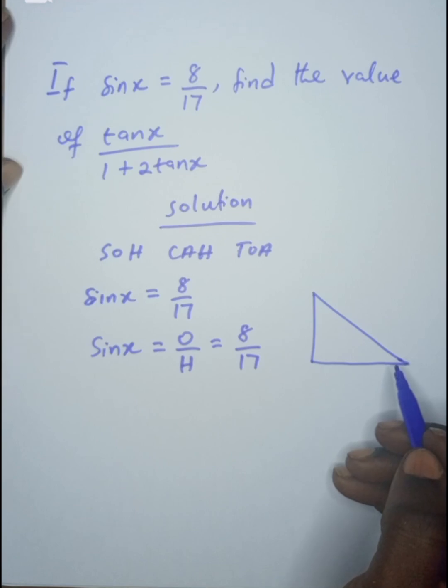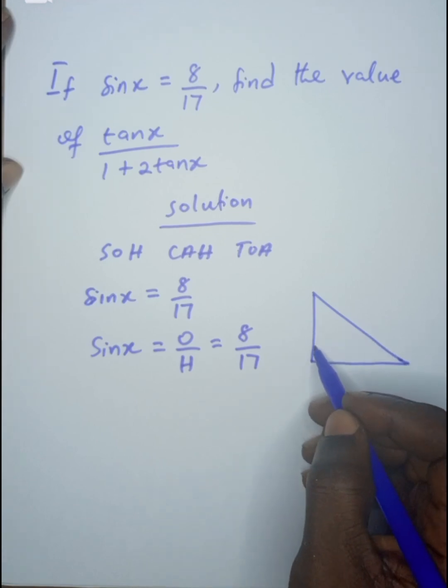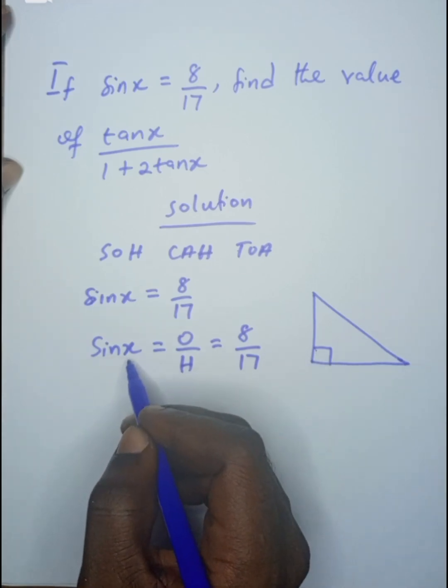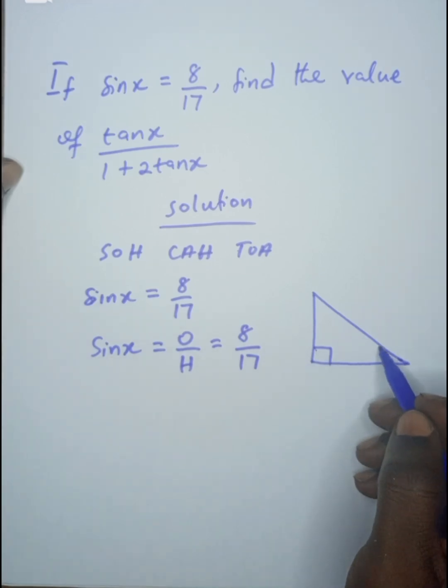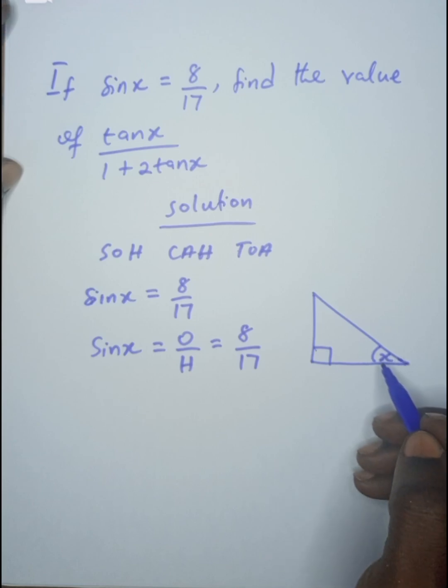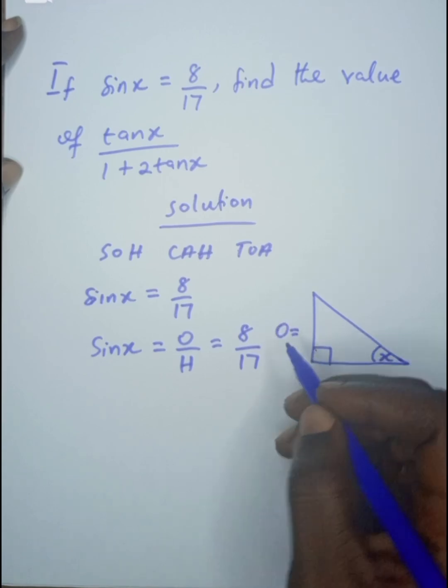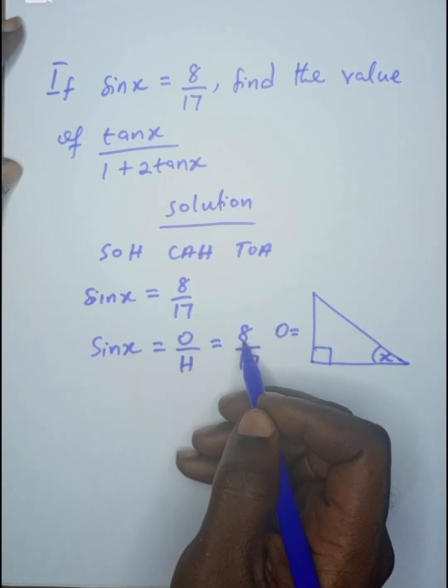And according to right angle triangle, one of its interior angles should be 90 degrees. Now we know that the unknown angle is x. So let me bring the unknown angle here. Wherever the unknown angle faces is called the opposite. And in the question, it is 8. That is the numerator.